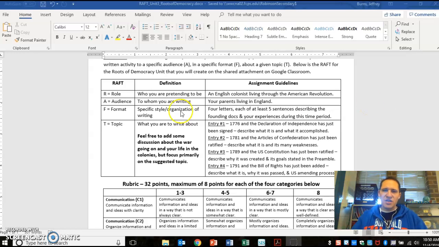You'll notice I wrote, feel free to add some discussion about the war going on in your life in the colonies. You can add a couple sentences there to make it more creative, more readable, and more exciting and fun. However, you have to answer the entry topic, which is written right here.